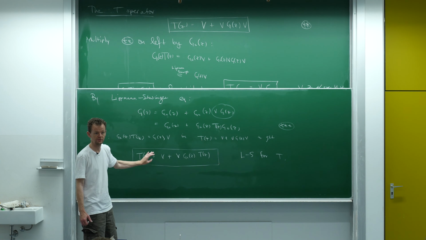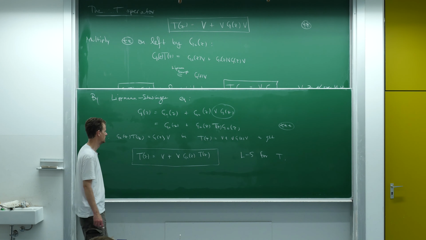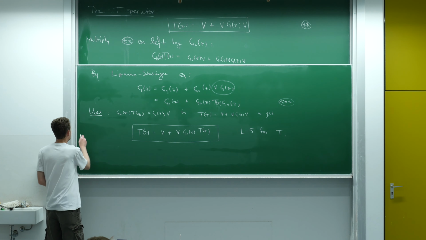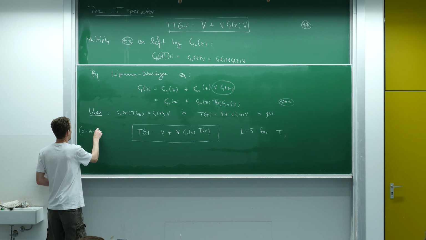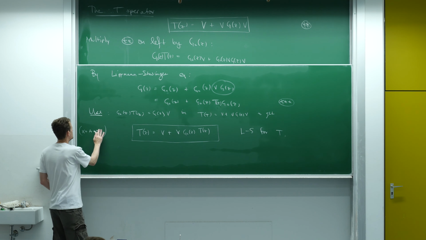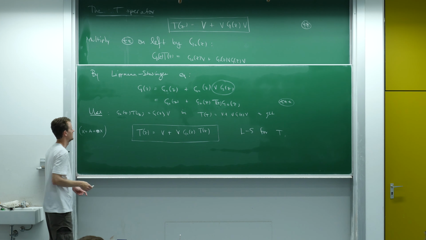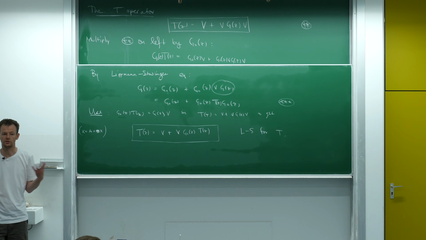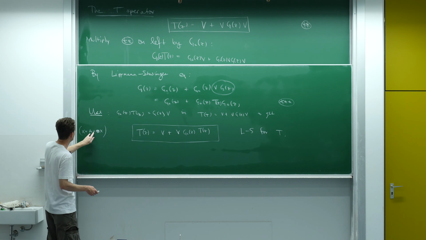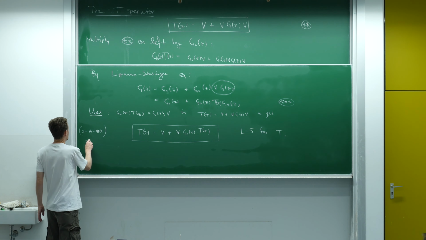Such equations, as soon as you see something like this, you should instantly think iteration to solve it. Whenever you have an equation that looks like x equals a plus bx, and you want to know x, you use the fact that x equals a plus bx, and you substitute in for x.